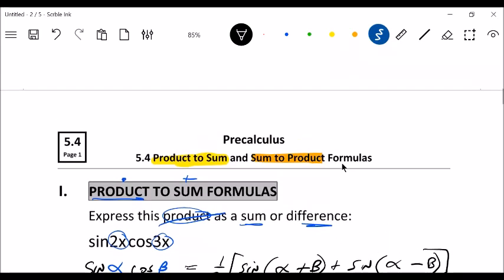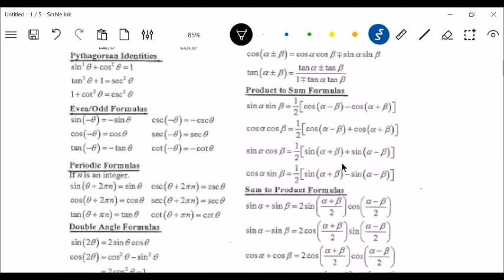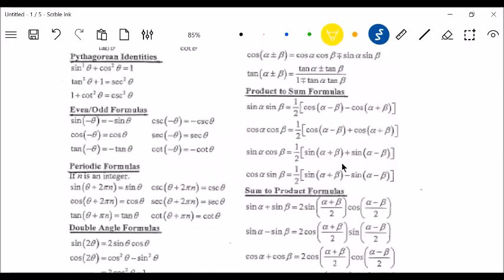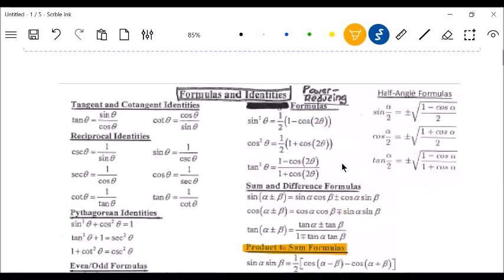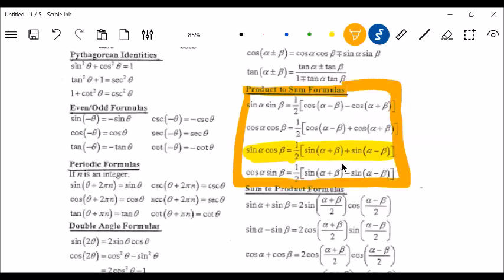I have one here. We'll go and take a look at these. Okay, so we are looking at a product to a sum. And what we have is a sine and cosine. So it's this formula that we're looking at right now. And this is in the section product to sum formulas on this paper. And there's a bunch of them.